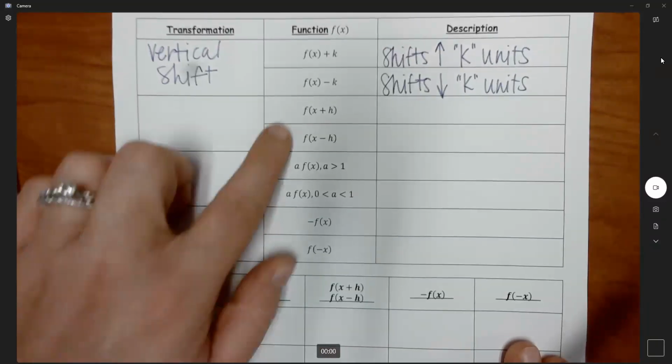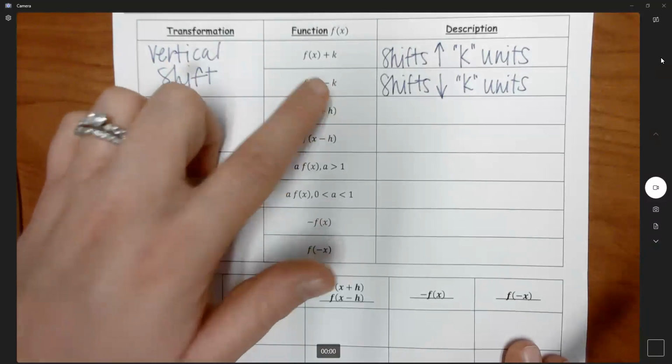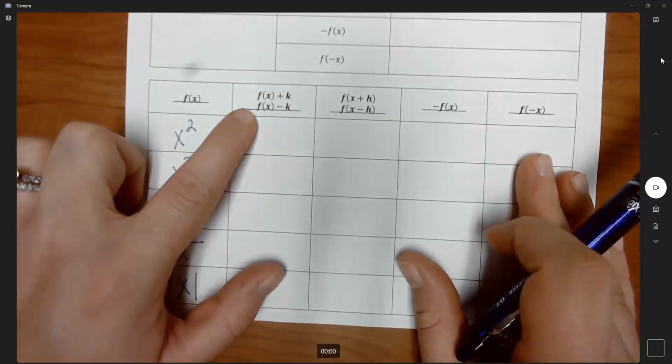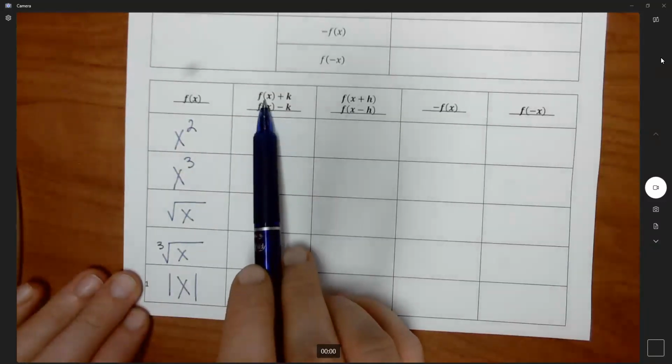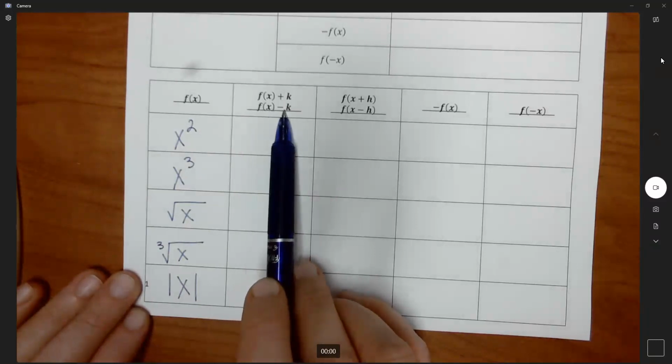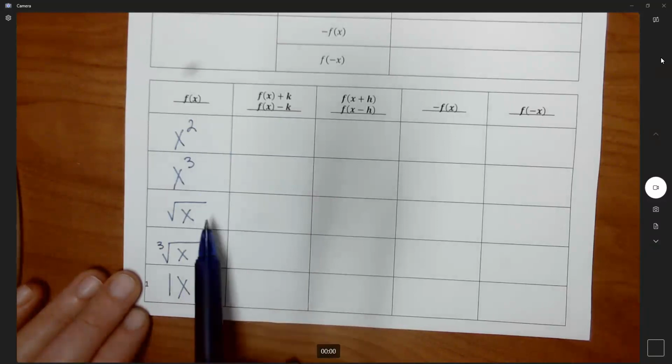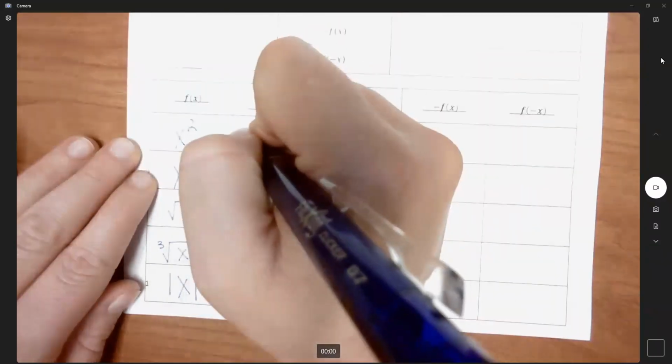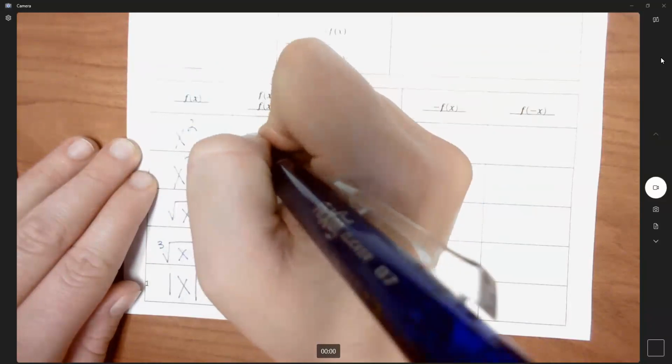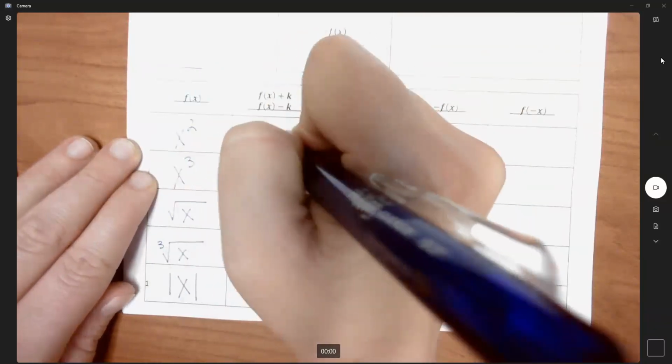So up here, I have f of x plus k and f of x minus k, which is exactly what's right here. When I am talking about f of x plus k or f of x minus k, I am taking this function here and I am adding something over here to the very end or subtracting. So this could be x squared plus 1.